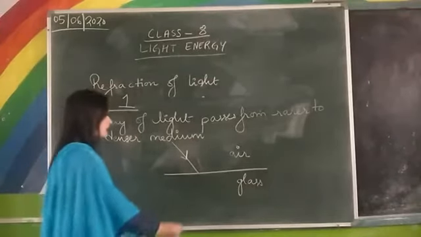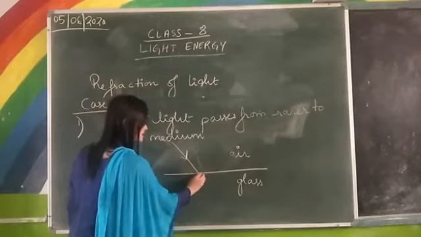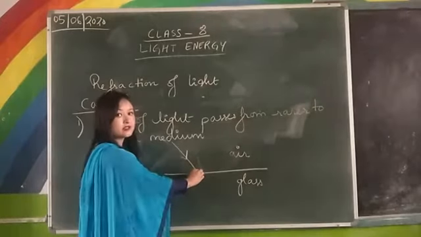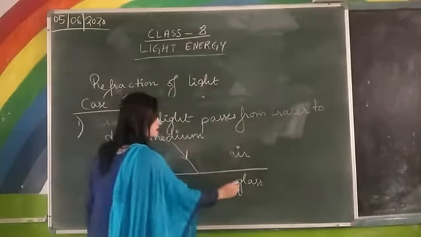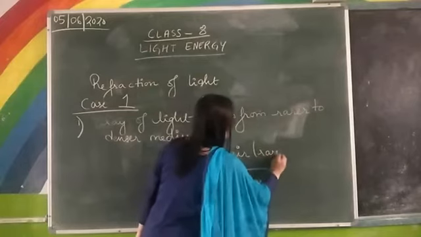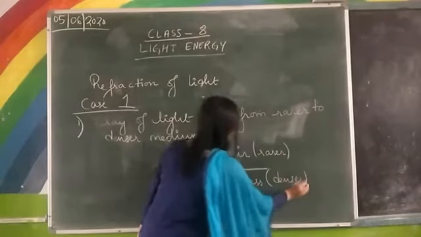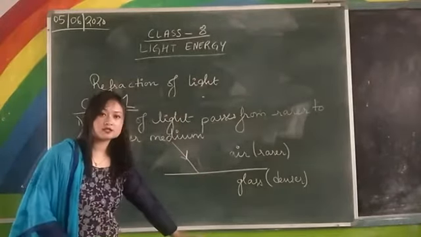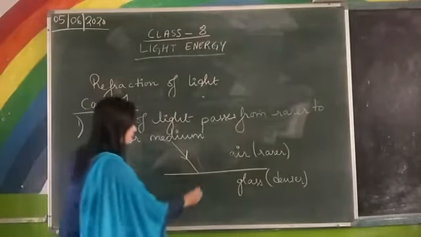Now, when it is passing from air to glass, the speed of the light decreases when it passes from rarer to denser. So when a ray of light passes from rarer to denser, what happens? The speed of the light decreases.